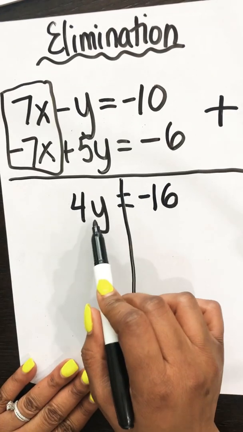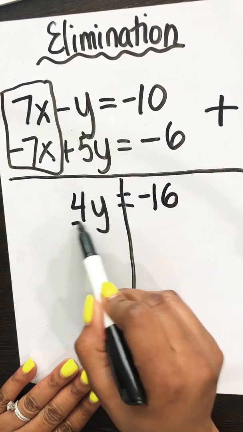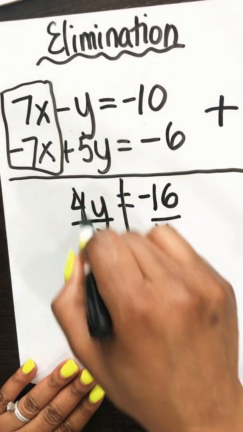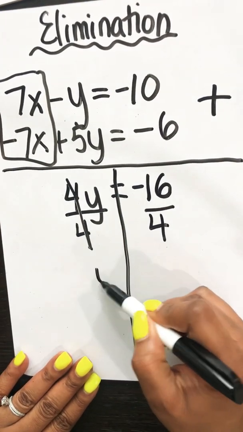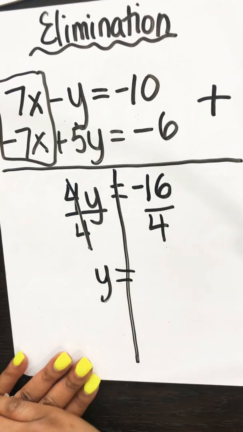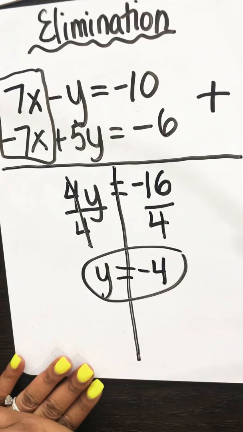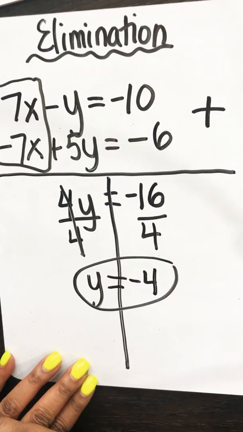The equation is 4y equals negative 16. To find y, we would just divide both sides by 4. So that has now canceled out, and we would just have y equals negative 16 divided by 4, which is negative 4.